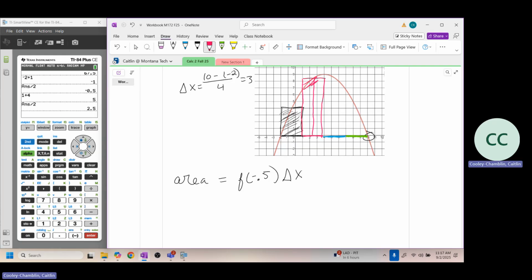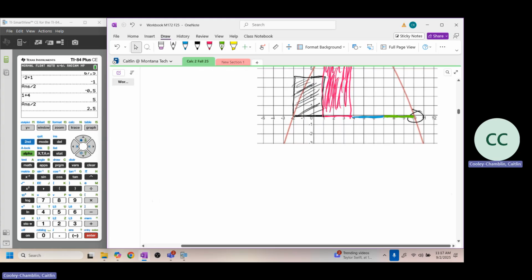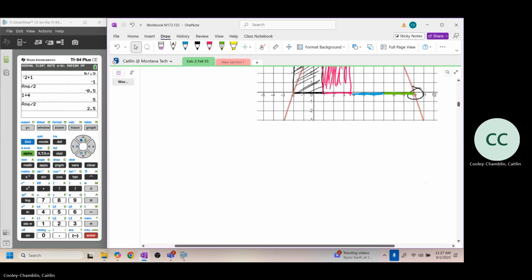And so this is the rectangle I'm looking for. So I'm going to zoom in and write this a little bit smaller so this all fits.